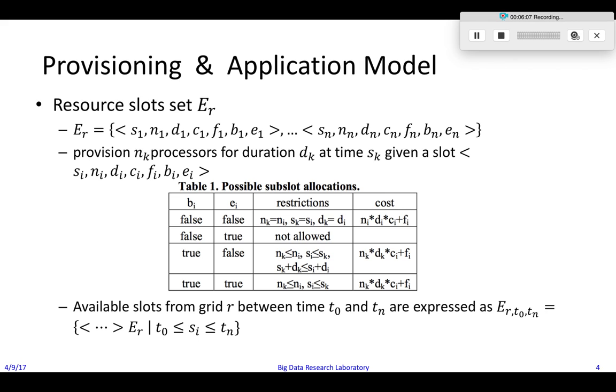The e is very similar to the b, and e means whether the slot can be extended or not.